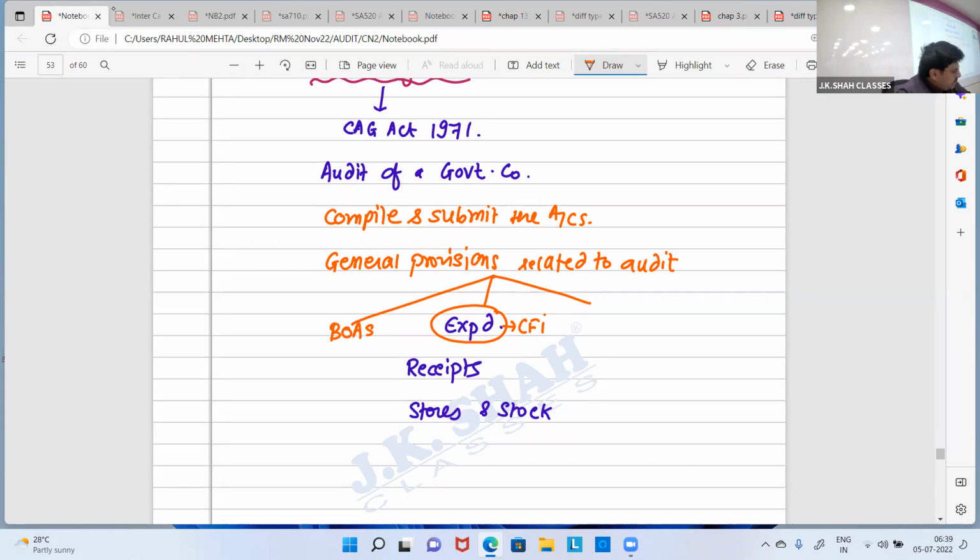So the CAG will have to check whether the books of accounts are properly maintained or not. And lastly, the CAG will have to check that everybody is maintaining which funds? Contingency funds. What do you mean by contingency? Emergency. Correct. If there is a state of emergency anywhere, then obviously the CAG will have to check whether the contingency funds are being maintained or not.